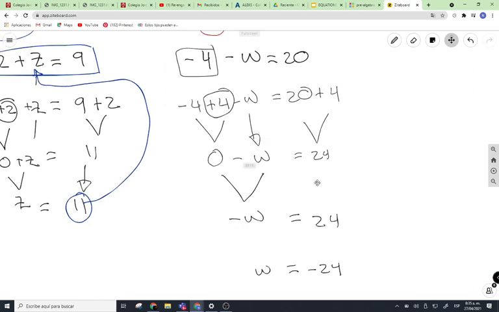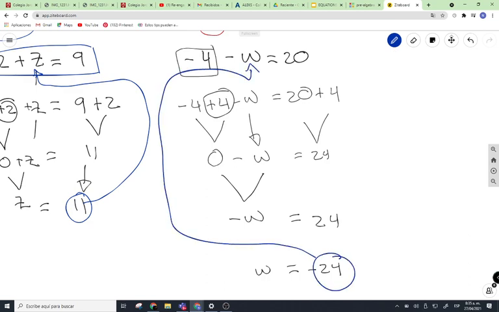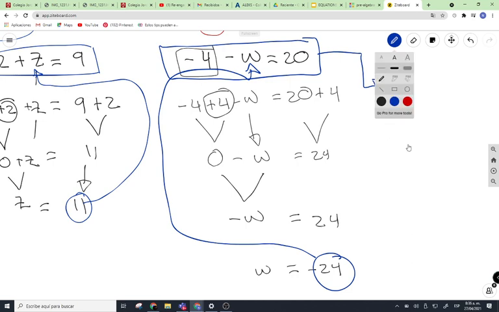And if we replace this negative 24 for the w, I am going to do it on this side so you don't get lost. Negative 4 minus, and the w alone is negative 24, equals 20.